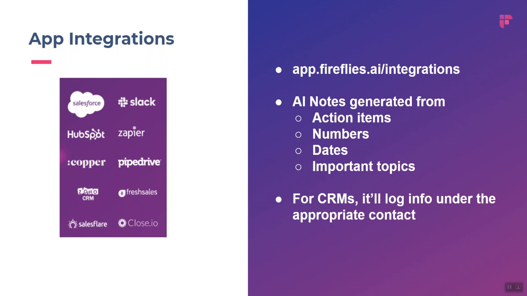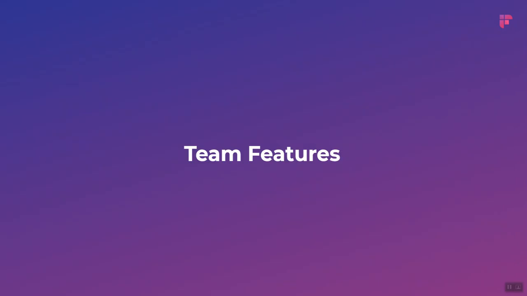Because Fireflies knows who the participants on the meeting were, because it's connected to your calendar, it's able to find those participants, what company they belong to, what their contact names are in your CRM system, and log it under there. This is great for salespeople or customer success people or consultants, because they don't have to manually log notes and other important information after every meeting. If they're having a dozen meetings every day, Fireflies can do that automatically for them.